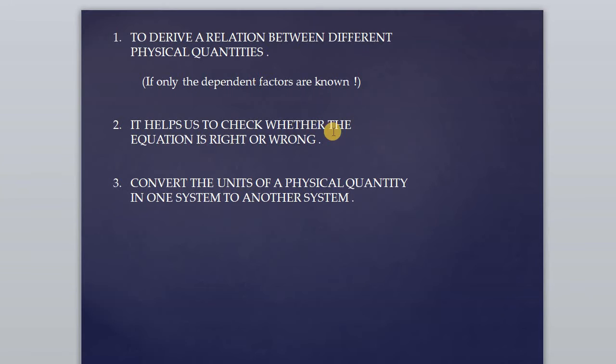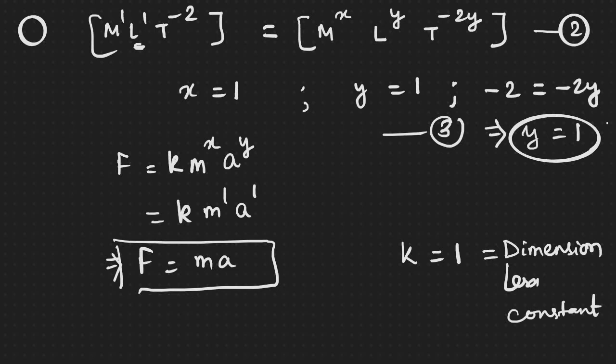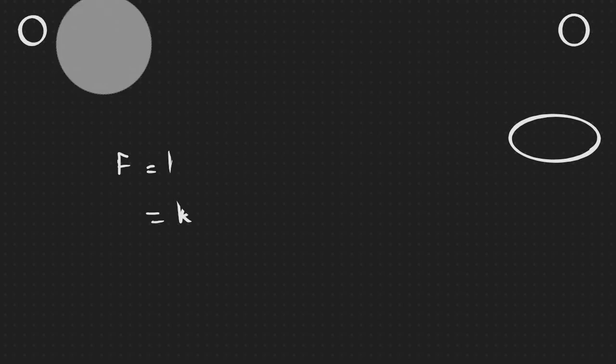It helps us to check whether an equation is right or wrong. We have already discussed it, still I would discuss it again so that you will be clear about the subject. We are checking whether a particular equation is correct or not. How? Dimensionally. It is only dimension.